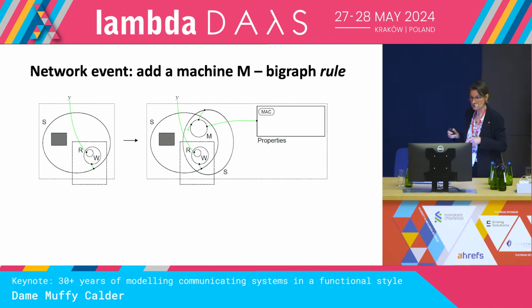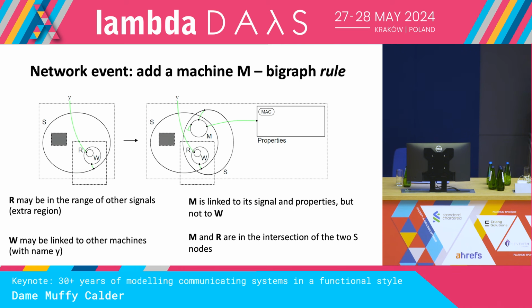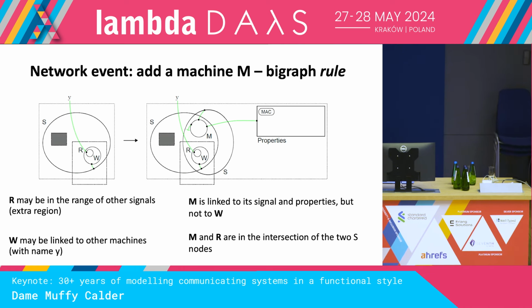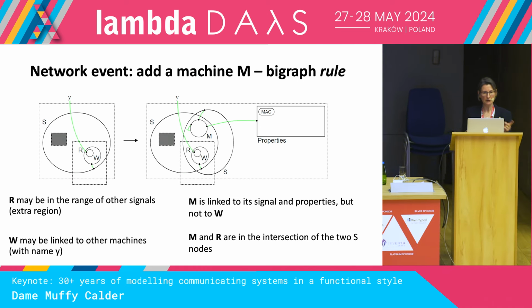And on the right, we have added machine M. So this is just a rewrite rule that says when you add a machine to a bigraph that has these properties, then you end up with this new bigraph with the machine in it. You can read that very quickly because on the right-hand side, notice that the machine and the router are in the intersection of the two signaling nodes.